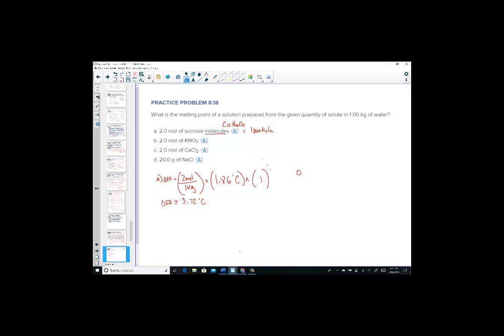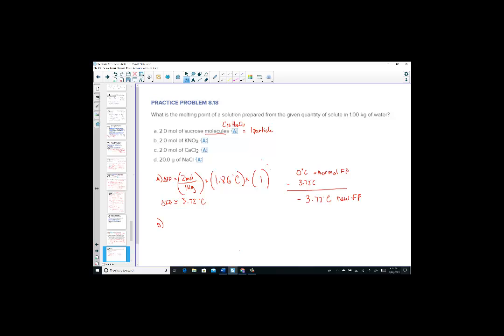Water normally freezes at 0 degrees. It's going to depress by 3.72 degrees. So that means it's going to lower to negative 3.72 degrees Celsius. There's your new freezing point.